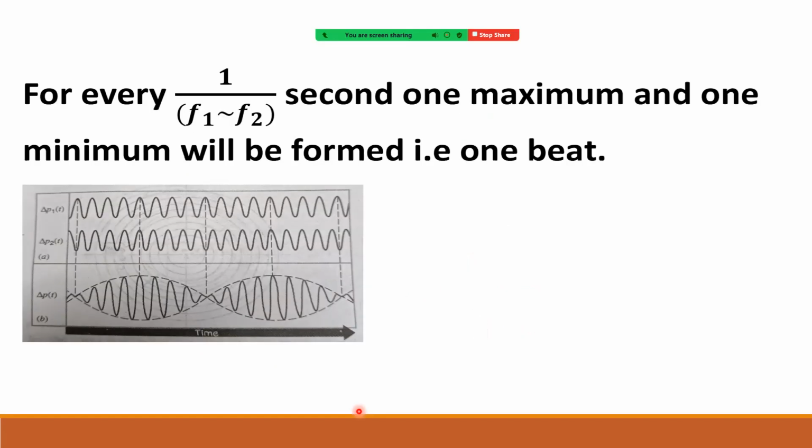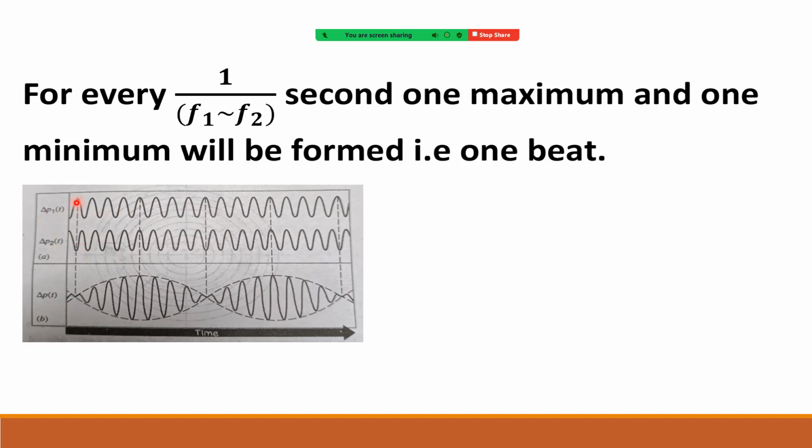Okay, see the next one. This is how the wave pattern appears. First one, delta P1 as a function of time, delta P2 as a function of time. You can see here, one is a compression, one is a rarefaction, or you can say change maximum, change minimum.